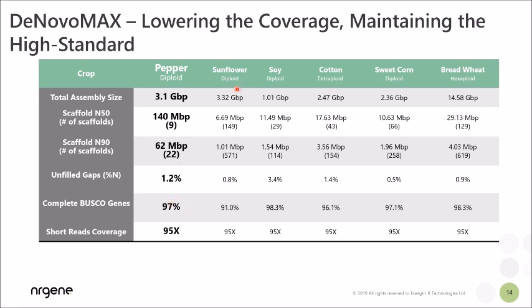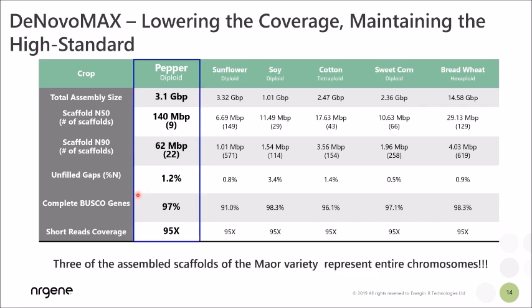Now, these are examples of the NovoMax assembly results. You can see here a bunch of species we've already tried it on, and I'm going to concentrate on the Mao variety, which we've just done for Ilan as part of this consortium. It's a good length, 3.1 gigabase. Its contiguity is very high.